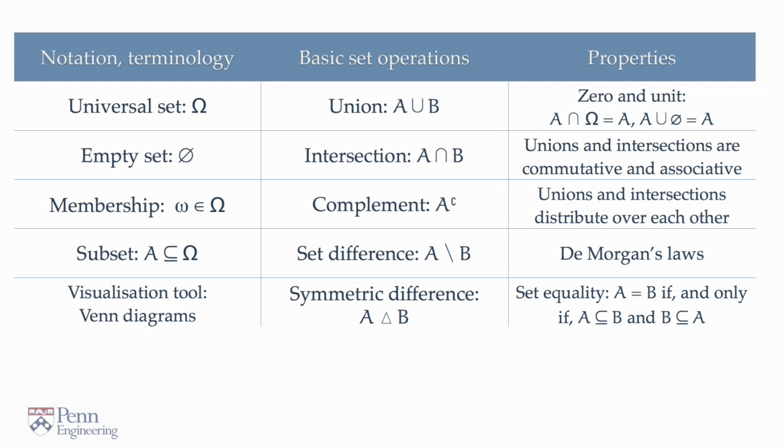Now we should go back and remember A, the notation and the terminology, B, the basic operations. You should be able to write down unions, intersections, complements, set differences, symmetric differences, without having to look at the definition. If you need to go back and look at a definition, then this is a clear sign that you don't really understand the definition. So this should be hardwired into your understanding.